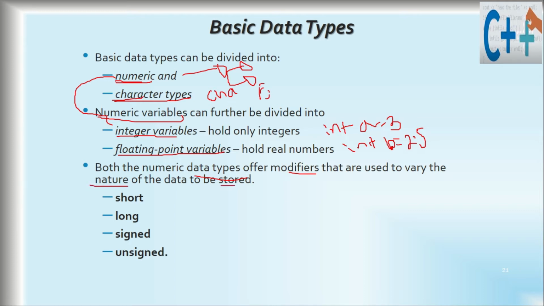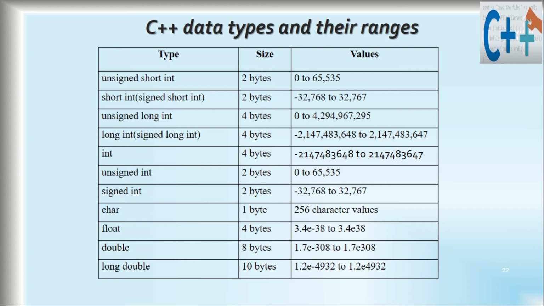Both the numeric data types offer modifiers that are used to vary the nature of the data to be stored. For example, short, long, signed, unsigned. As you see from this table with their size, unsigned short int is 2 bytes of memory size with a value from 0 up to 65,535. It can hold up to this.